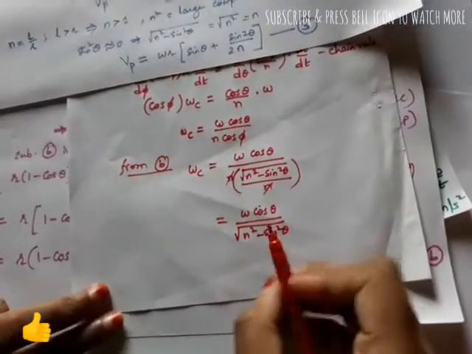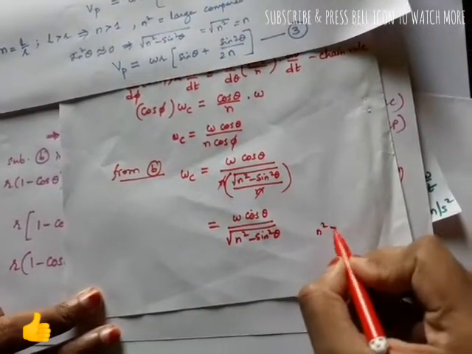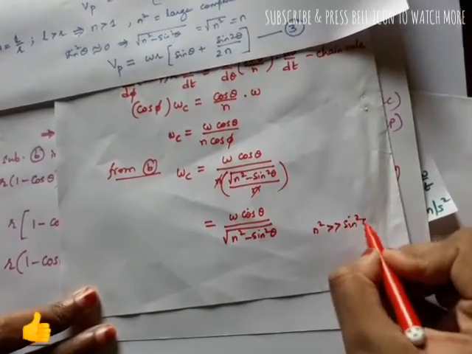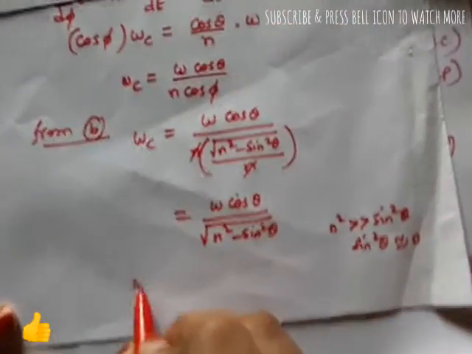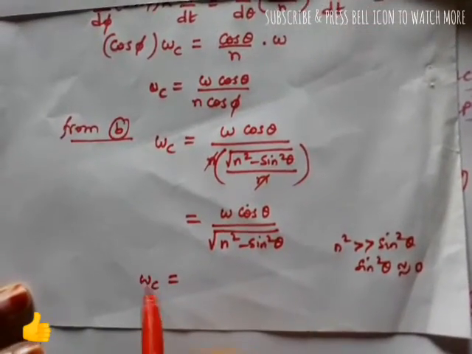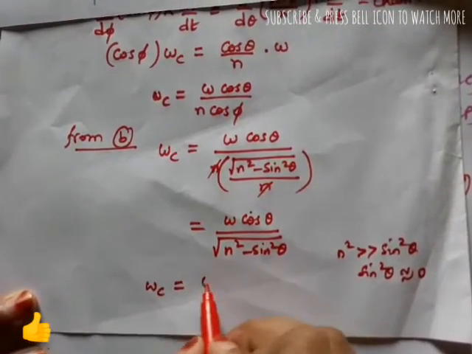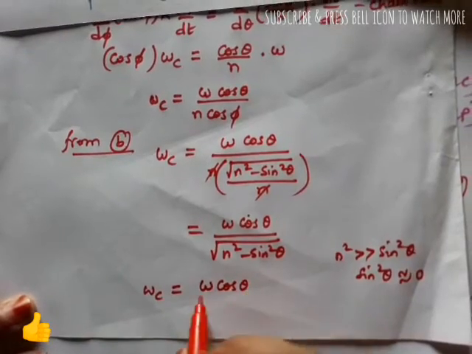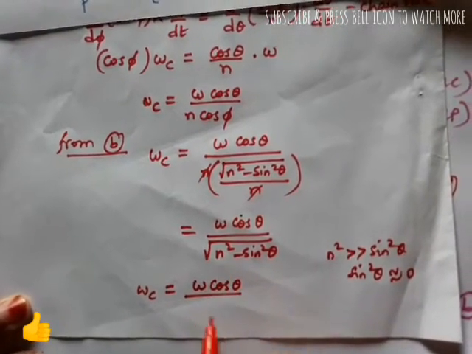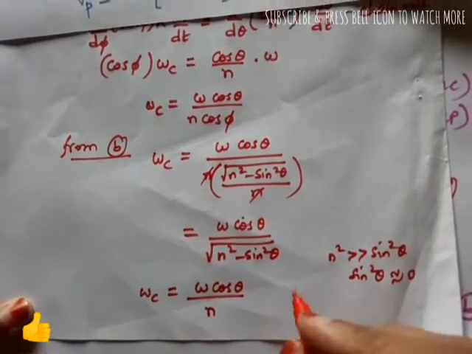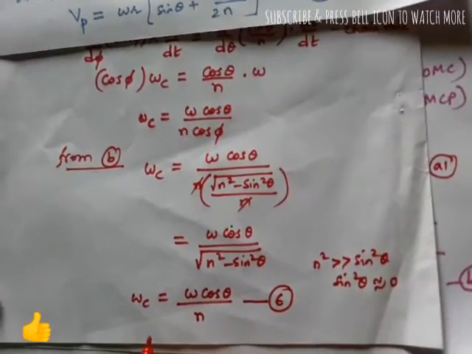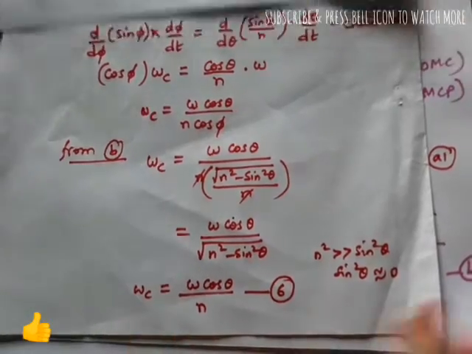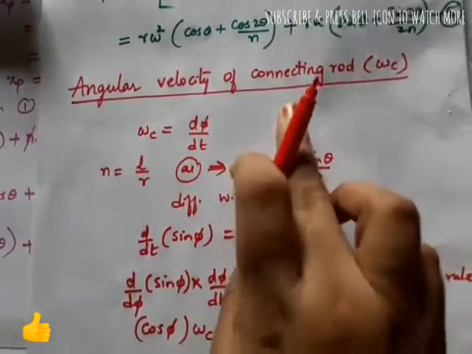So n square is very much greater than sin square theta, so sin square theta is assumed to be 0. Then we will have our omega c, the angular velocity of the connecting rod, as omega cos theta by root over n square, which is nothing but n. Let this be equation number 6. This is the expression for finding the angular velocity of the connecting rod.